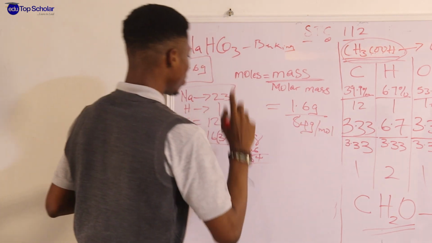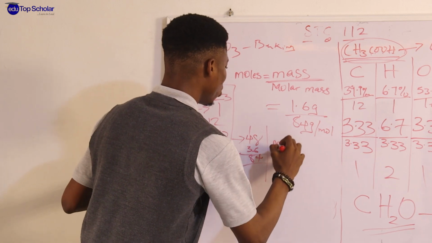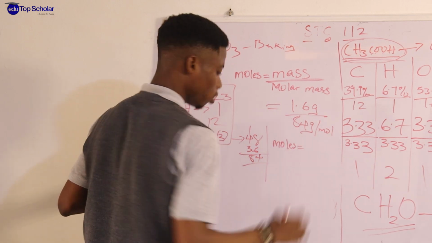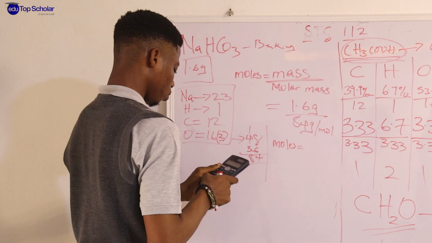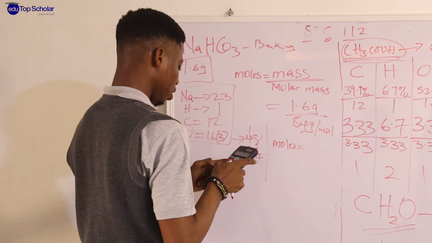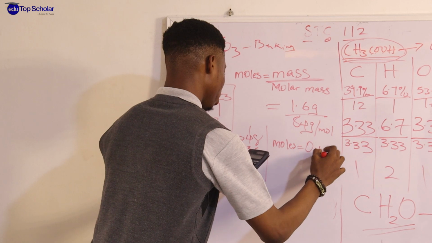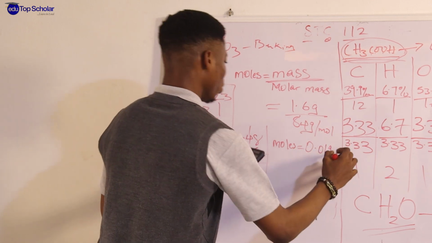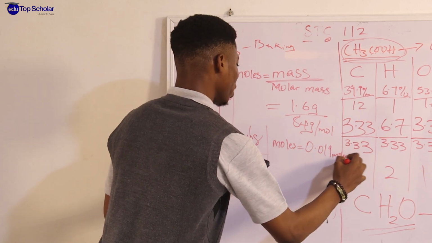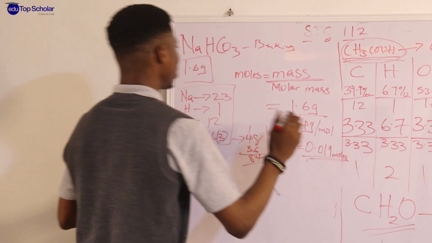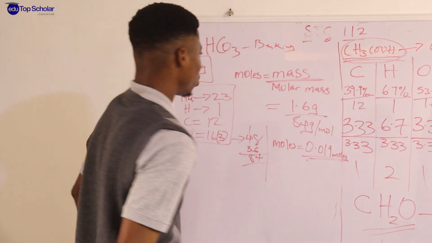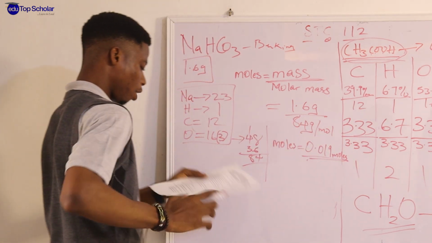So moles equals 1.6 gram divided by 84, and that's going to give us 0.019 moles. So that is the number of moles of baking soda that is required to bake a cake according to the question.